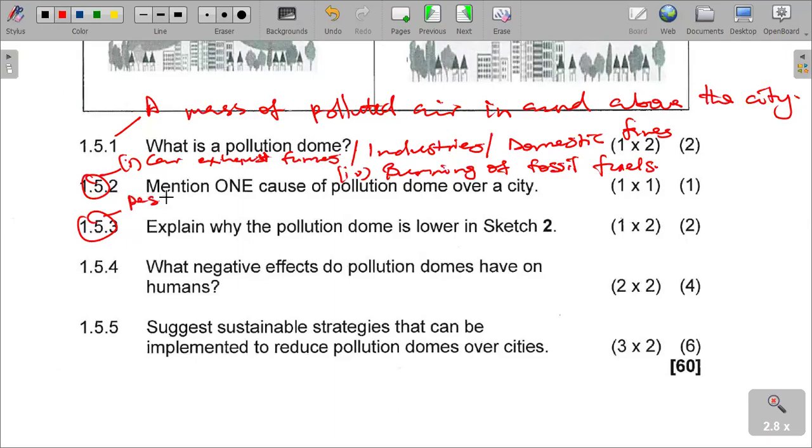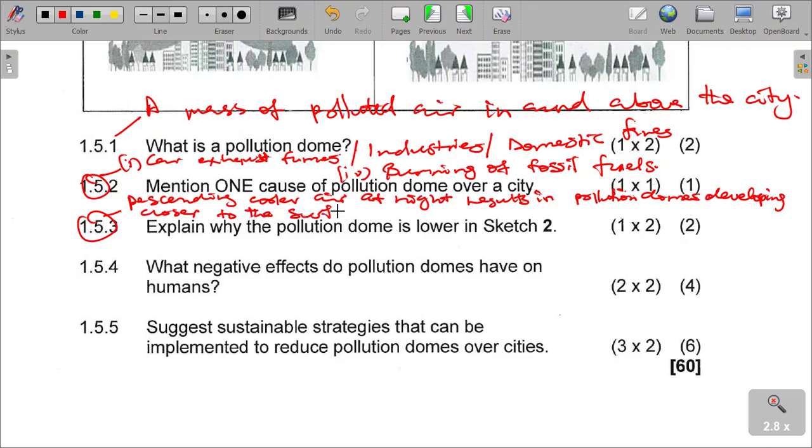It is caused because of descending cooler air at night, which results in pollution domes developing closer to the surface.